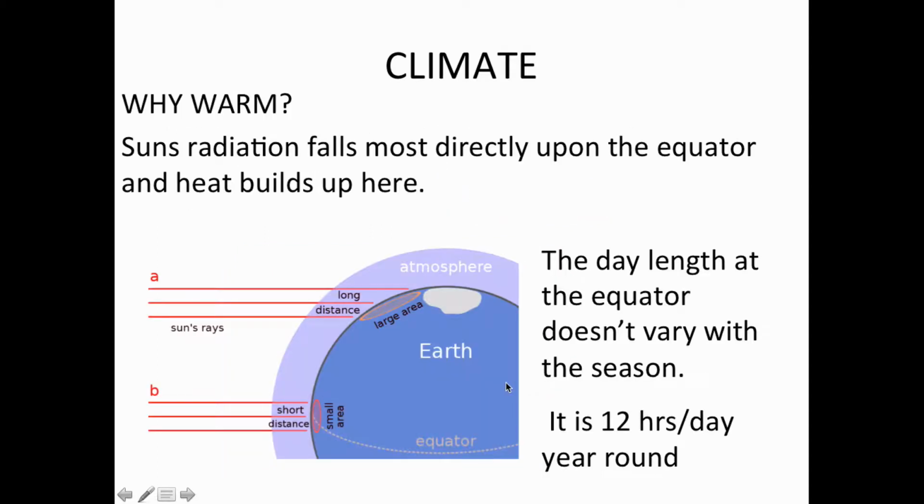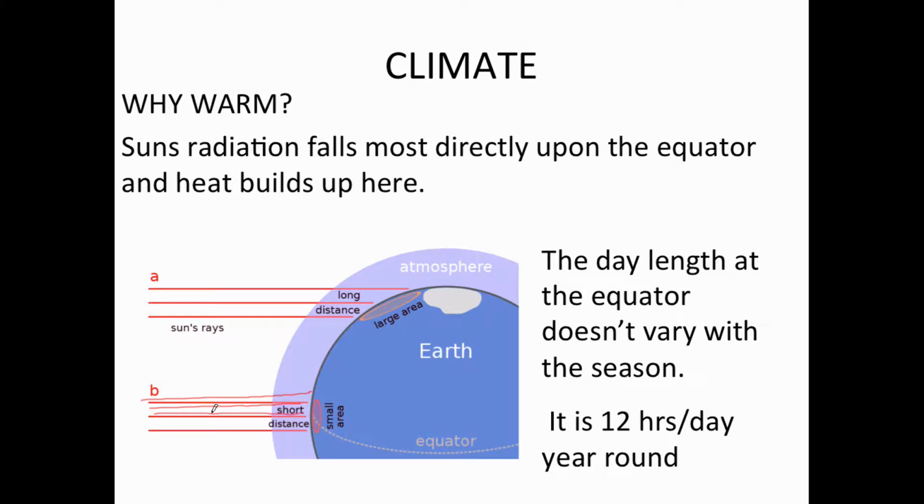So why is it warm? The reason that the tropics are warm is that they're basically getting more directly hit by the sun. And so the distance from the sun to the equator is shorter than it is to more southern or northern latitudes. So it's more of a direct hit.